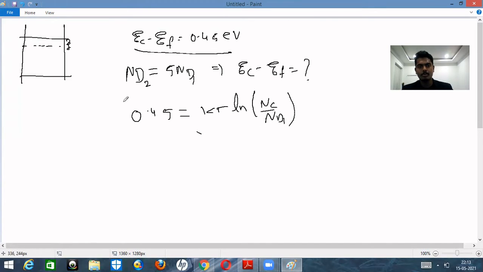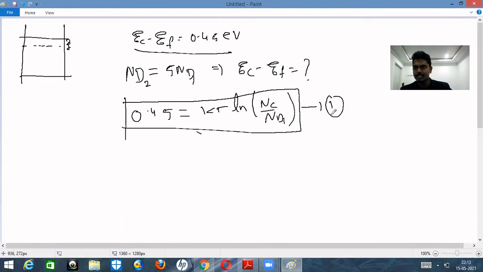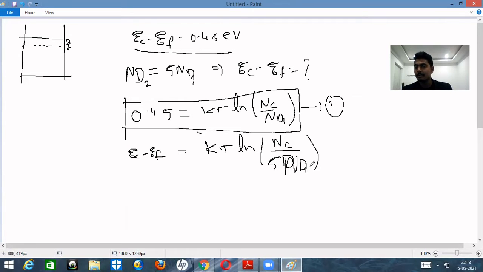At the first doping concentration level, the value is 0.45, they have given this. Coming to the second one, EC minus EF is unknown, equal to KT into ln of NC upon ND2. ND2 is nothing but 5 into ND1, isn't it?